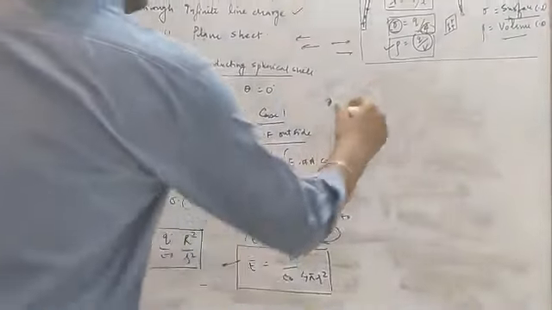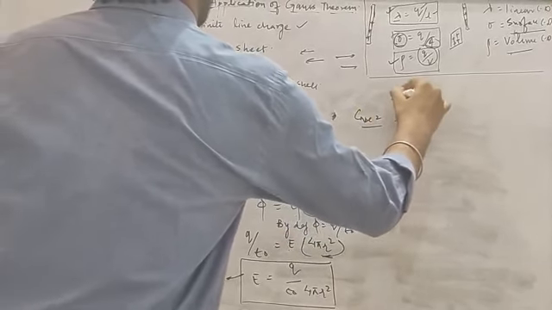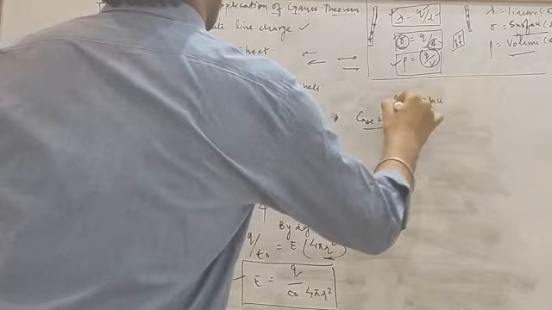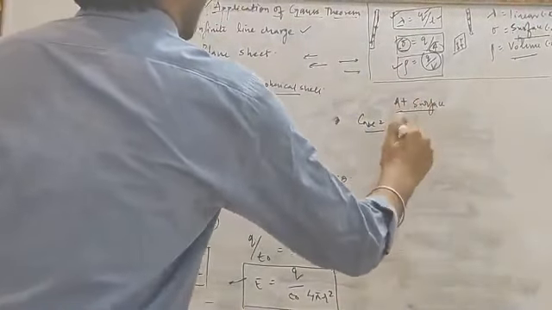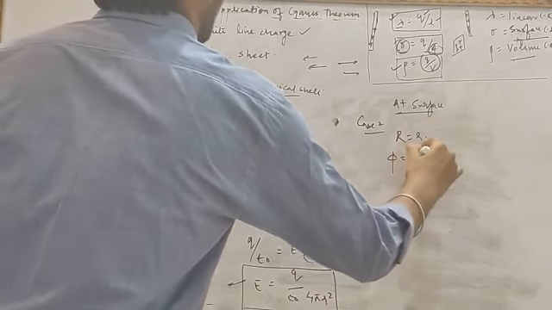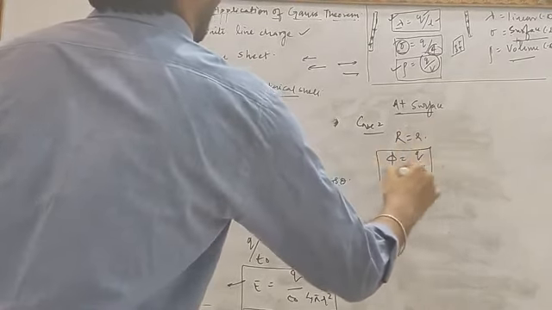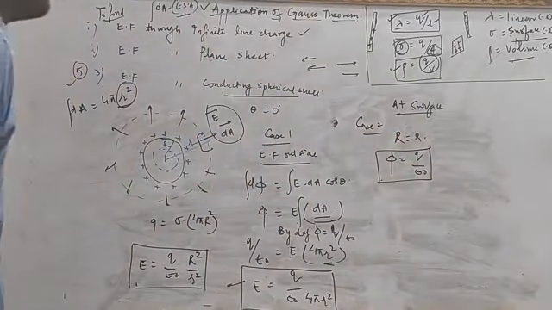Case 2. If at the surface, means you need to determine the electric field at the surface, here capital R equals small r and the electric flux will be Q upon epsilon naught. We know very well electric flux through a surface equals 1 upon epsilon naught times the net charge Q enclosed by that surface.